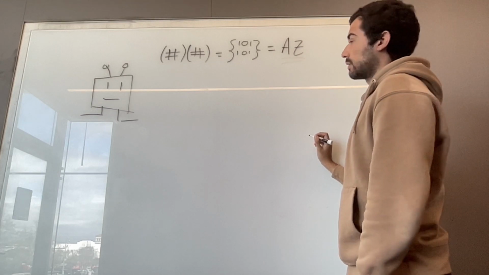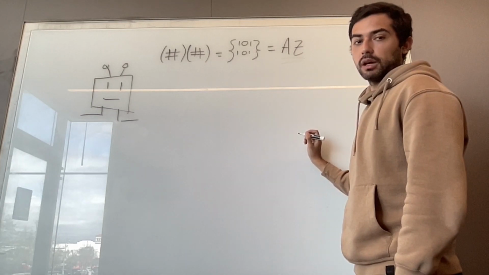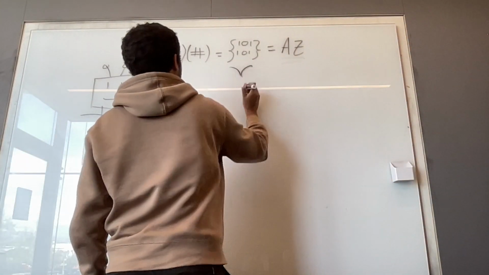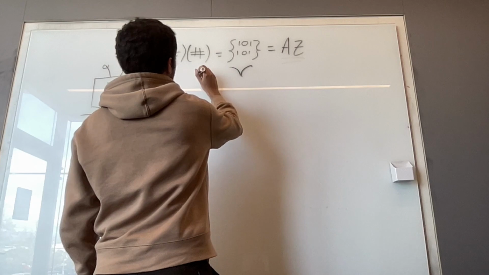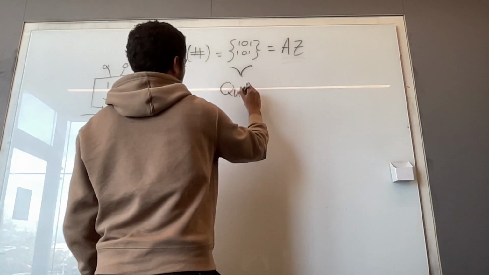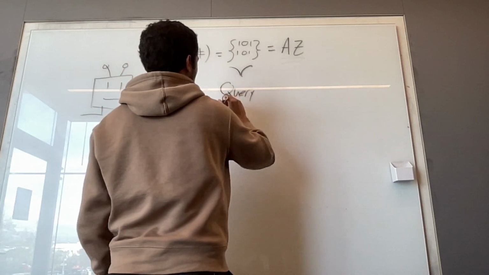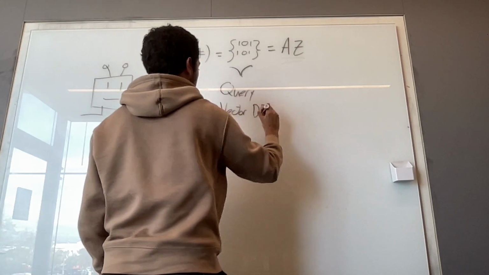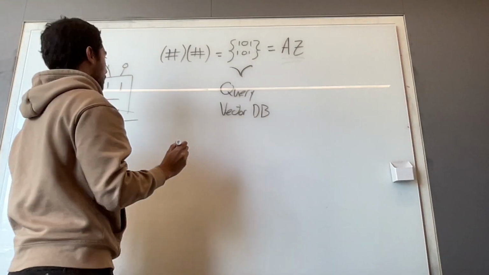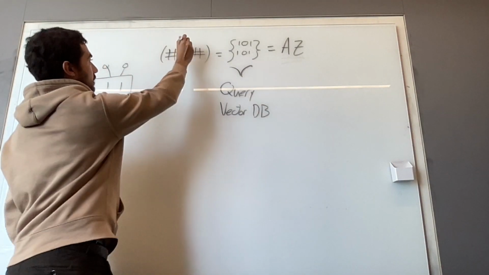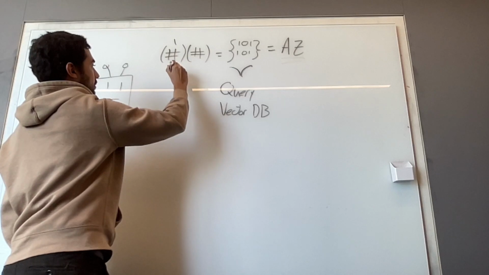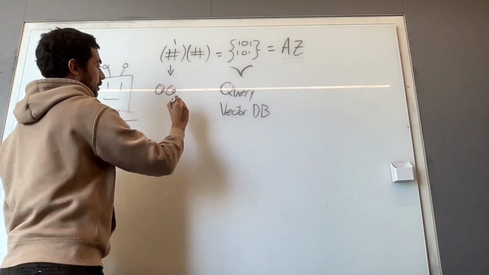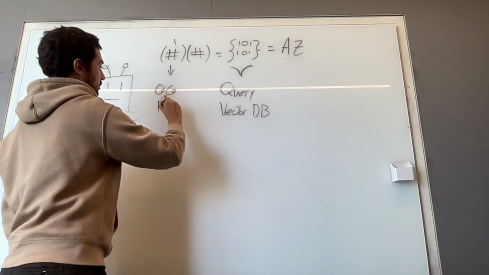What matters here is trying to explain how AI actually gets this data. So to get this data, what the AI does is query through a vector database, right? So the AI takes one of these numbers and looks for these numbers on a database.